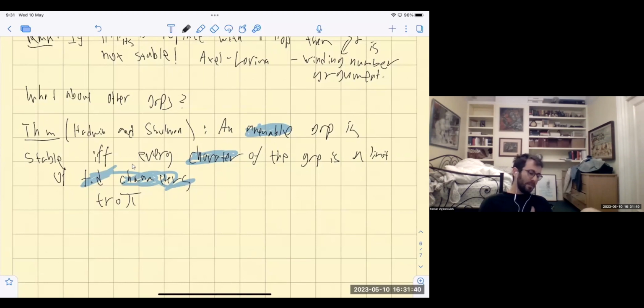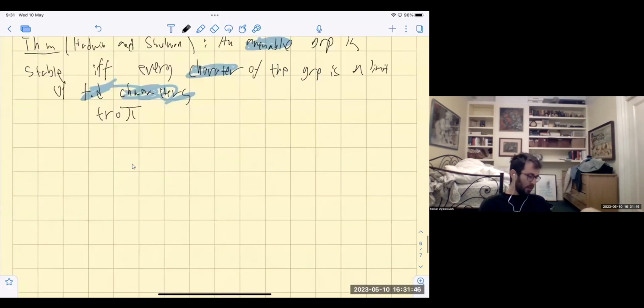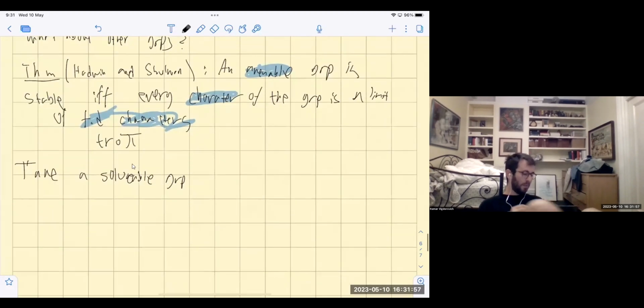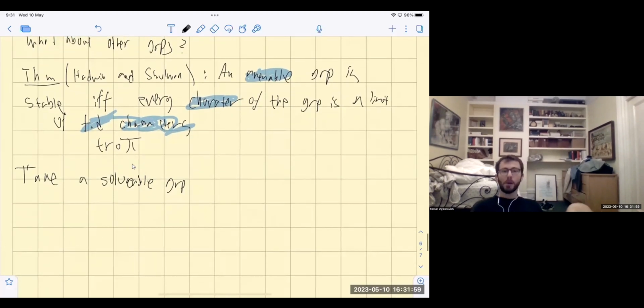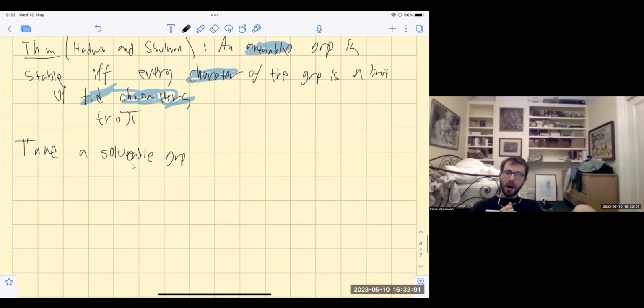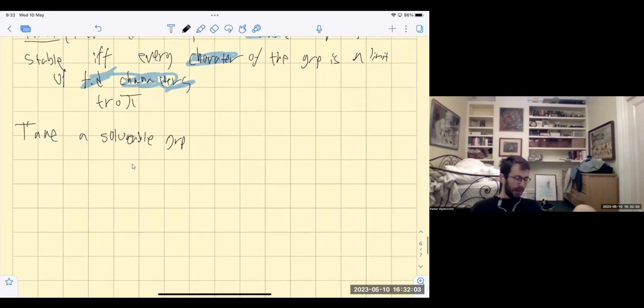Basically, what Arie Levit and I did was take this one step further and connect it to dynamics. Let me explain why. Take a solvable group. Abelian groups are stable, but the next step is maybe to take nilpotent or solvable groups. Let's take a particular example: Z semi-direct product Z^2.